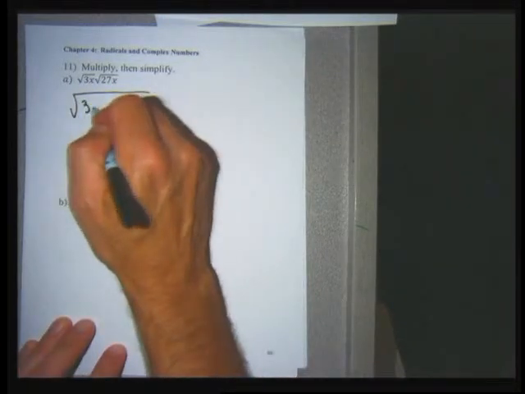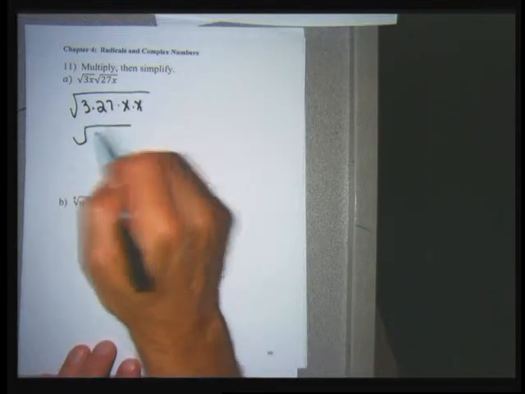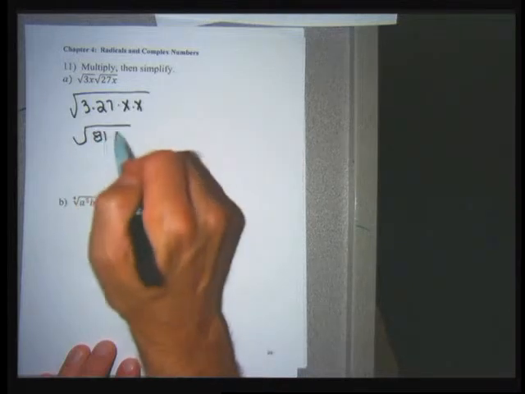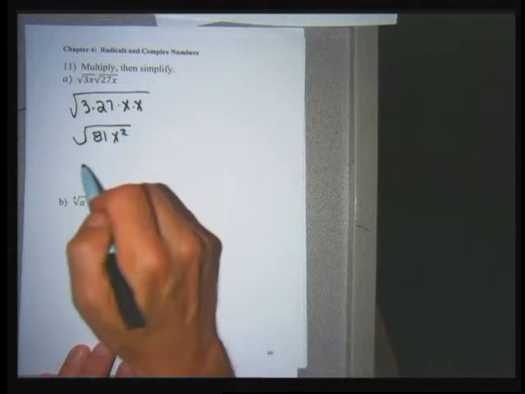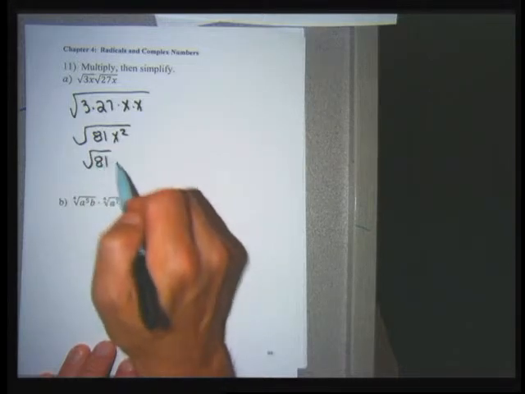For 11A, I'm going to multiply the 3 and the 27. I'm going to multiply the x and the x. Since everything's under the radical, they're going to stay under the radical. 3 times 27 is 81, and x times x is x squared. Then I'm going to do the square root of 81. I'll use my calculator for that.